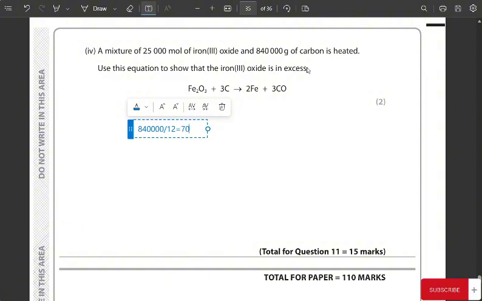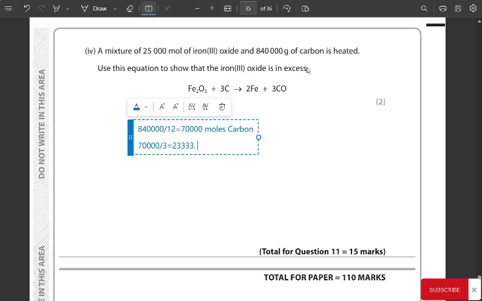And there are 70,000 moles of carbon. 70,000 divided by 3 is equal to 23,333.3333.